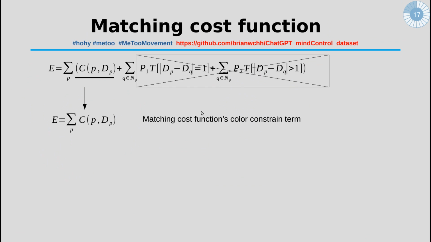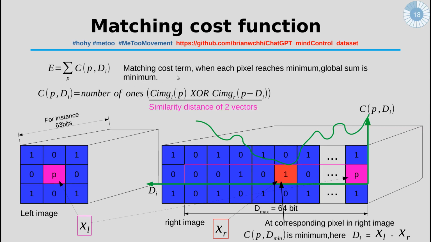Okay, now let's talk about the matching cost function. The matching cost function's color constraint term. For this formula, we have to understand that P means each pixel in one image. If you want to minimize the whole E, we actually only have to minimize for each pixel, then we can approximately achieve the global minimization. So this is what I just said.